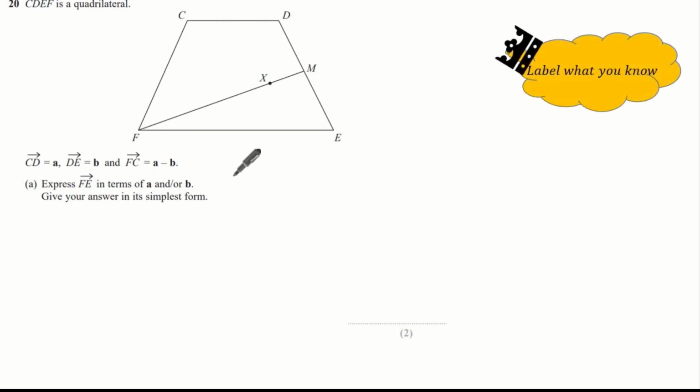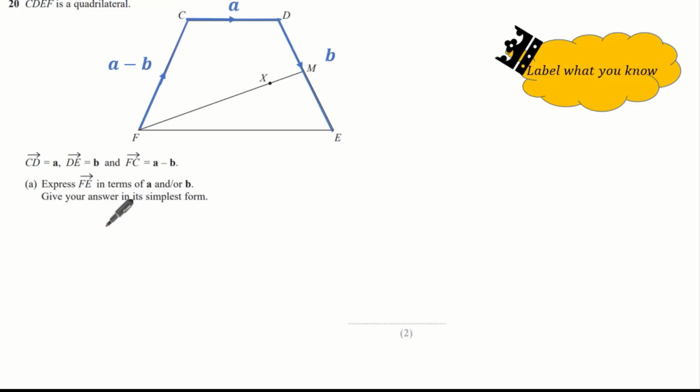Let's label the information that was given by the examiner. Well, we know CD is vector A, which I've labelled here. We know D to E is vector B, which I've labelled here. And we know FC is vector A minus B, which I've labelled here.